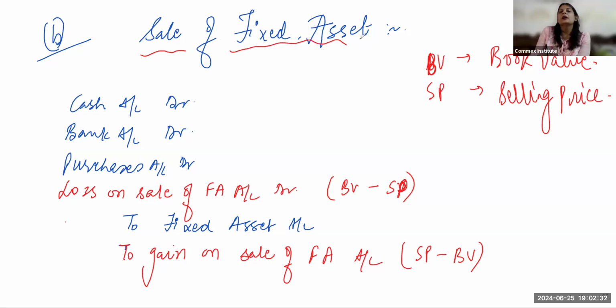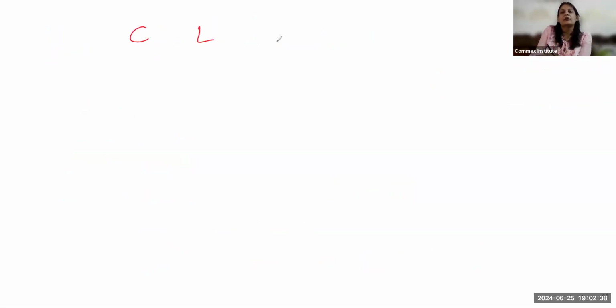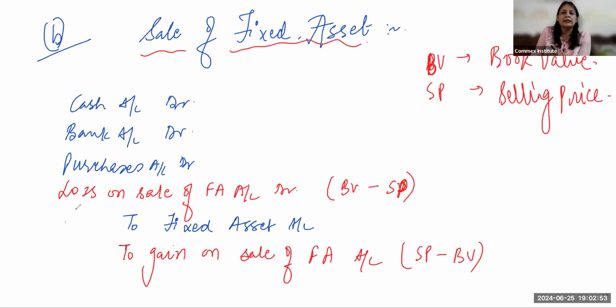Now see, when I purchase a fixed asset, if we apply the rule clearly, we know an asset when it increases will be debited and when it decreases will be credited. So when we sell, the asset should be credited, and the asset is credited at book value.